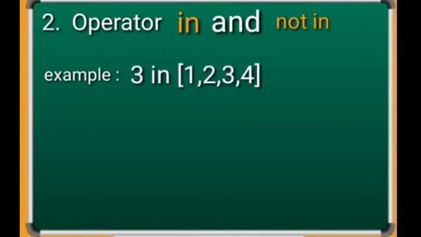Suppose I have written here 3 in, and the list I have defined with the values 1, 2, 3, 4. If I run this program, then this expression will give me the answer as true. Why? Because the value 3 is contained in the given sequence of the list.